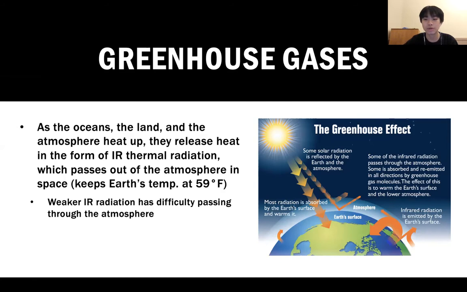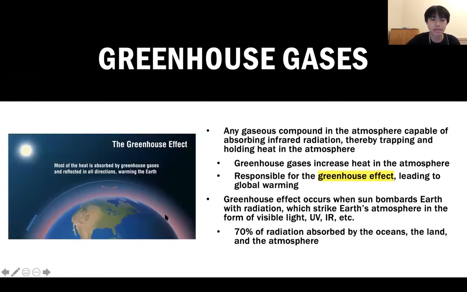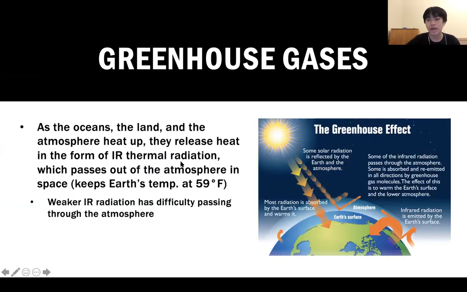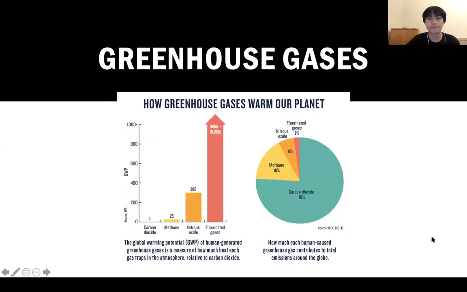Some of it is absorbed and emitted in all directions by greenhouse gas molecules. And this actually warms the Earth's surface and the lower atmosphere, since the greenhouse gases reflect the radiation in all directions, as we can see in the image earlier. And some infrared radiation is emitted by the Earth's surface.